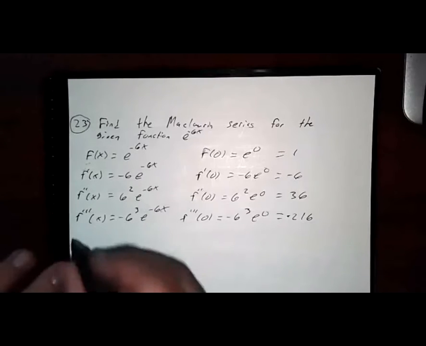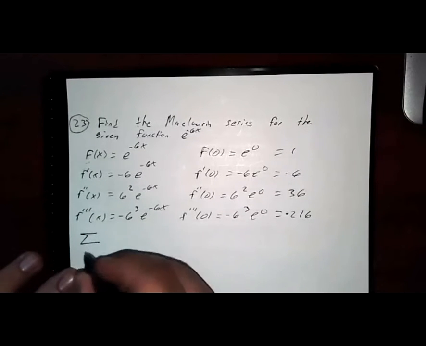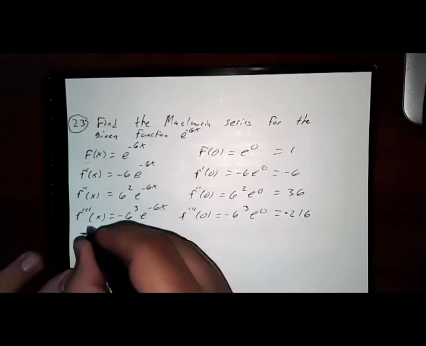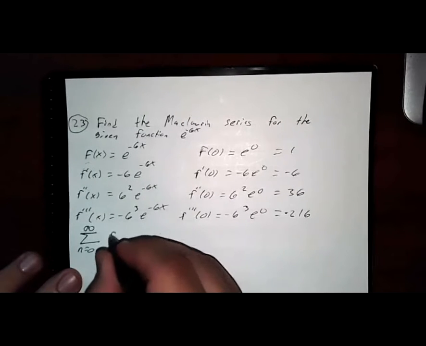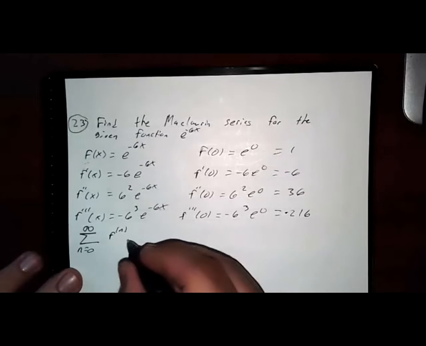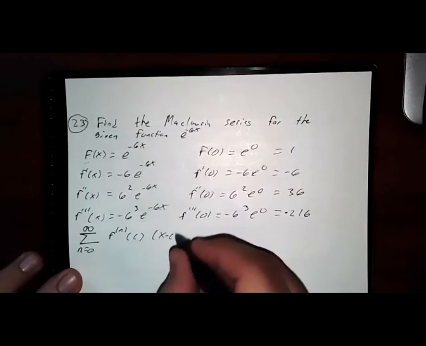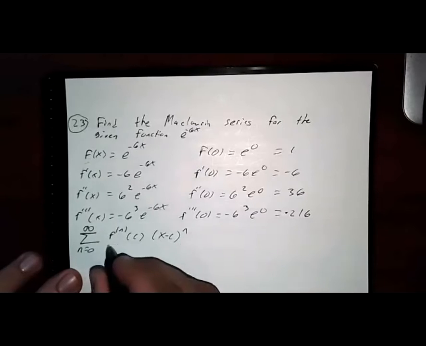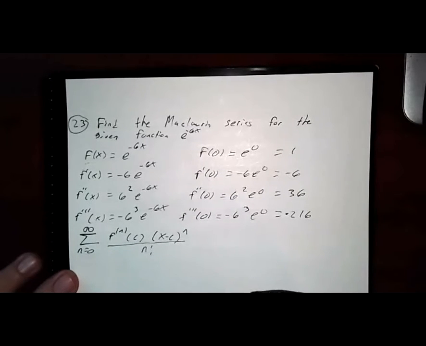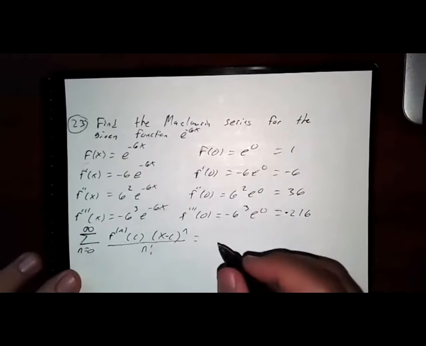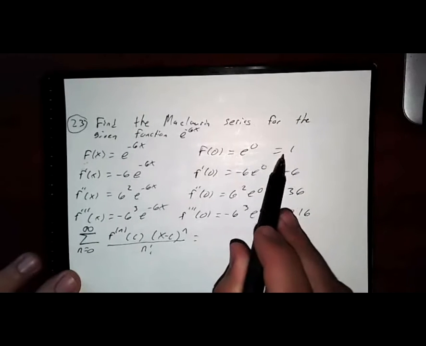All right, so the formula is the sum from n equals 0 to infinity of f to the nth derivative at c times (x minus c)^n over n factorial. So for us, we're going to have the zeroth derivative as the first term.